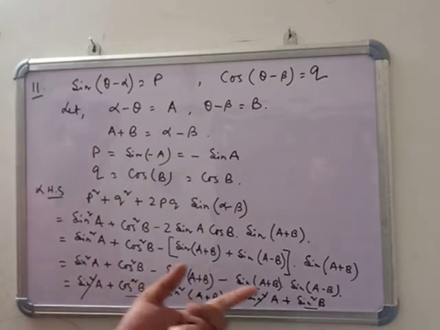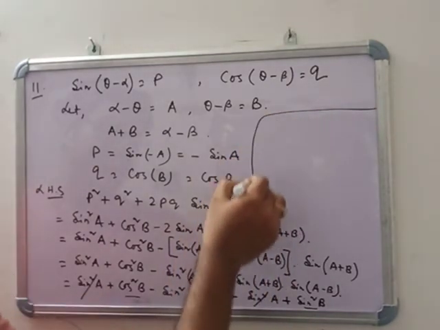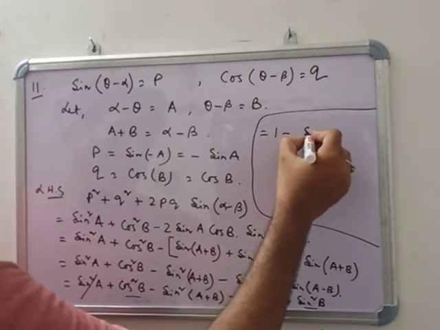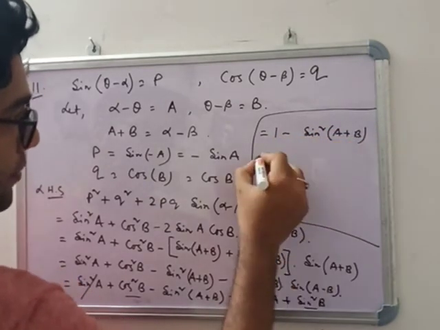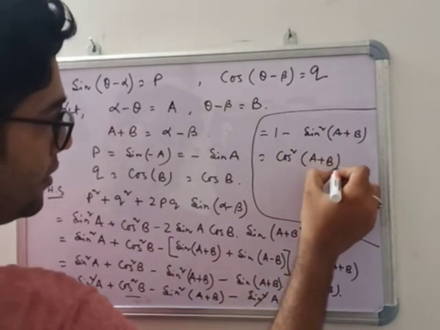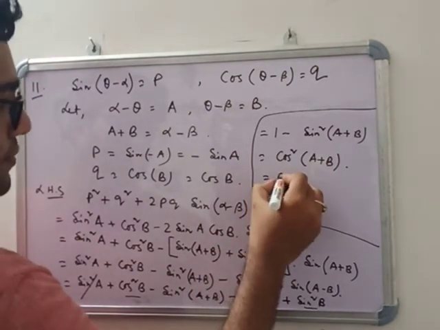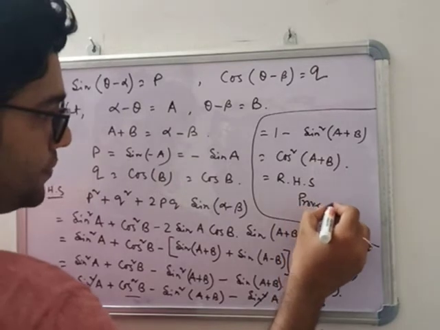Sine square A, sine square B plus cos square B equals to 1. So we can write here 1 minus sine square A plus B, that means cos square A plus B, okay, which is the given RHS. Proved.